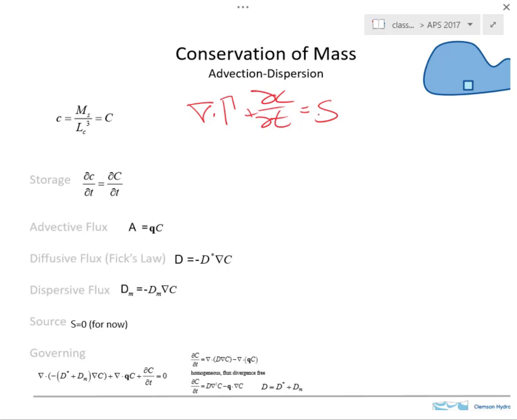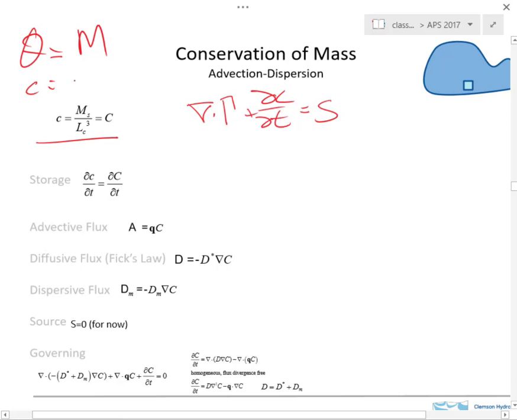but that'll be, I think, a straightforward next step. So if we say that we're conserving mass, cap theta is mass, and then little c is given here. Little c is the mass per volume, and that's just going to be cap C. And if it's all fluid, this would just be like the aqueous concentration. Okay, so the storage term is given here, just the rate of change of the concentration.